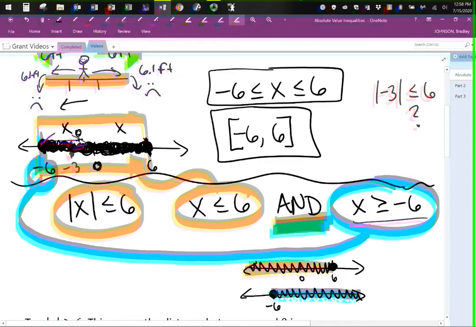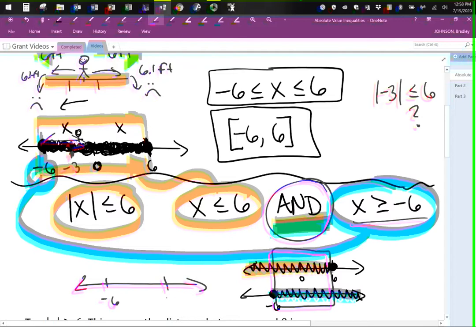If we take the and statement, we need to put together what overlaps, and what overlaps is matched up with our solution that we had up top, right? It's only shaded and included between -6 and +6. And again, that builds our balance beam. If you imagine, right, our person is standing here at the center, right?